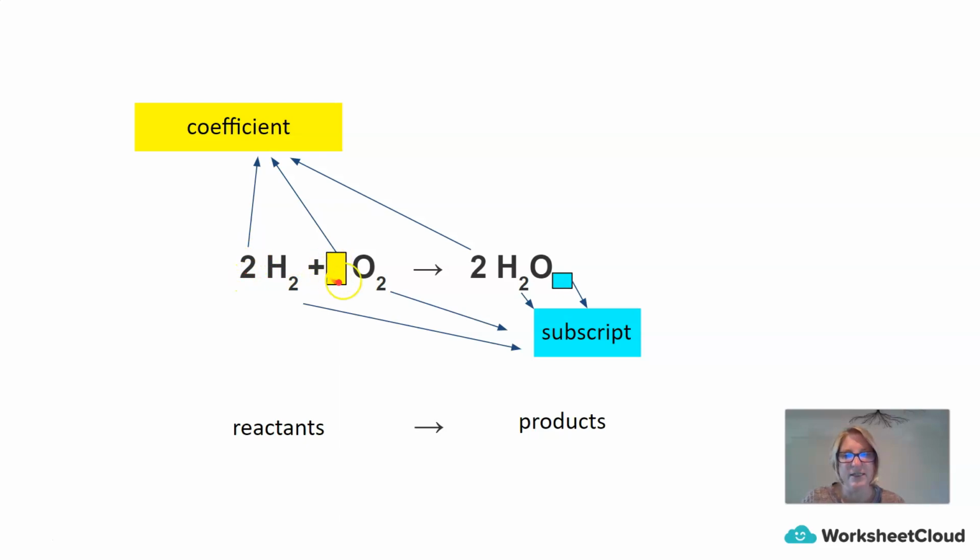In an instance of this yellow block here, or this blue block here, that just represents an invisible 1. So the yellow block is just representative of 1 molecule of oxygen, and this here is just representative of 1 atom of oxygen in a molecule of water.